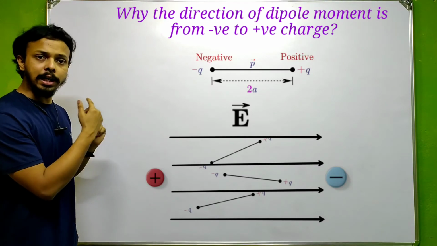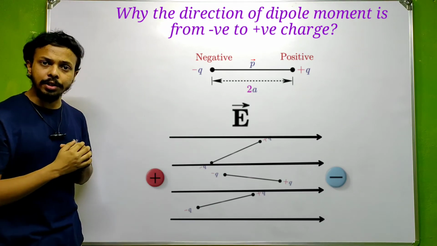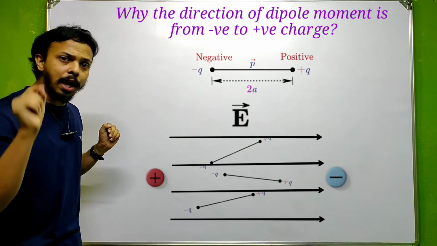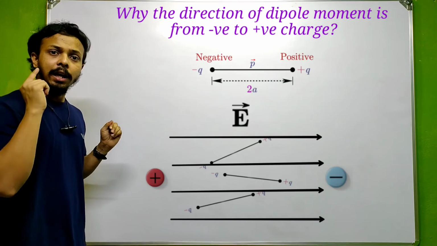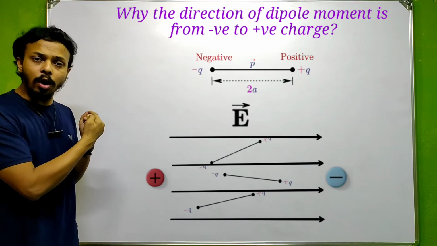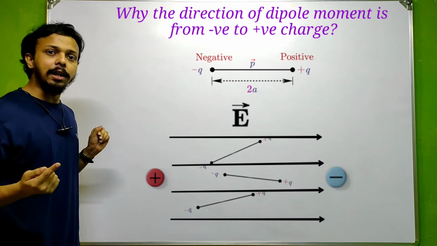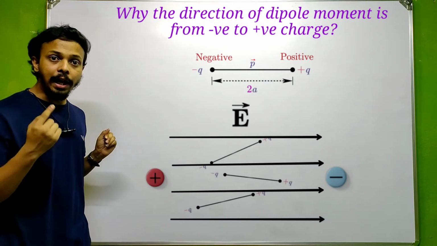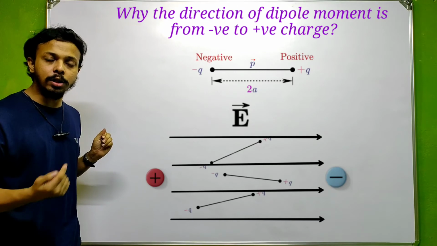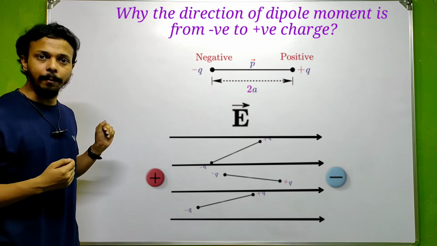As we know, electric field lines go from positive charge to negative charge, so the negative charge of the dipole experiences the electrostatic force towards the positive charge, meaning opposite to the direction of the electric field.